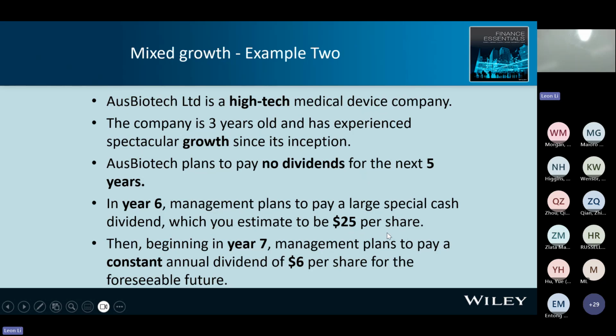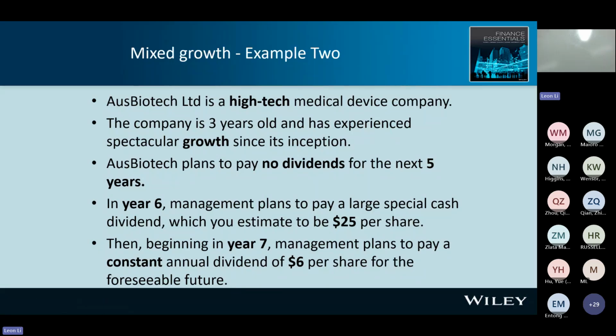So year 6, we have a dividend payment, $25. Then beginning in year 7, management plans to pay a constant annual dividend of $6 per share for the foreseeable future. That means forever, $6 forever.